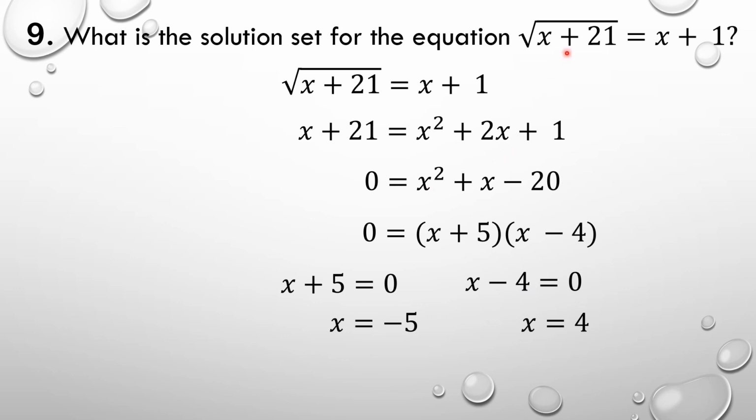For our radical equation, negative 5 is not a solution because it will make the right-hand side negative. There is no number such that the square root of a number is negative. So, in our solution set, we will only have x is equal to 4. And that is letter D.